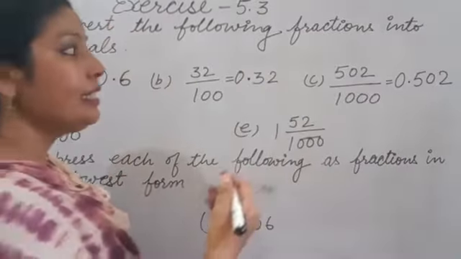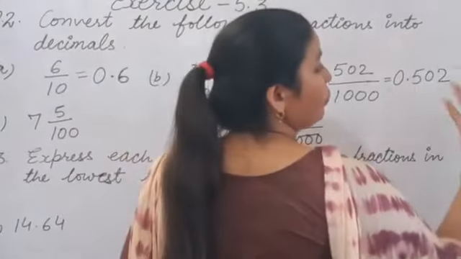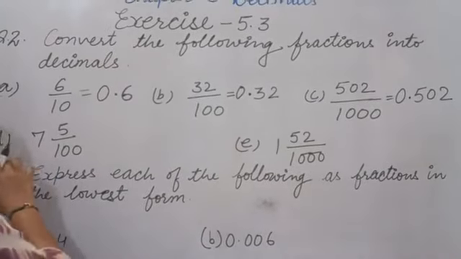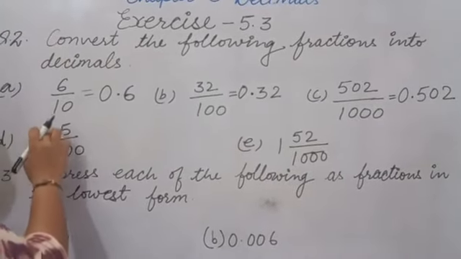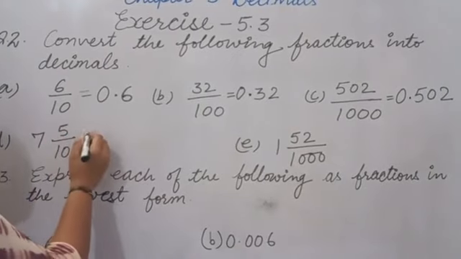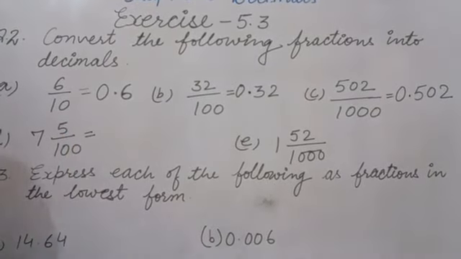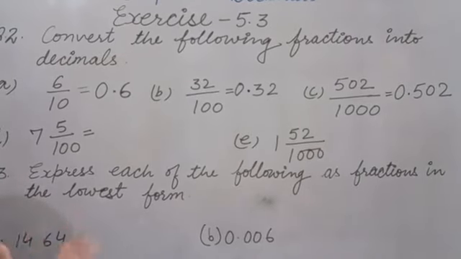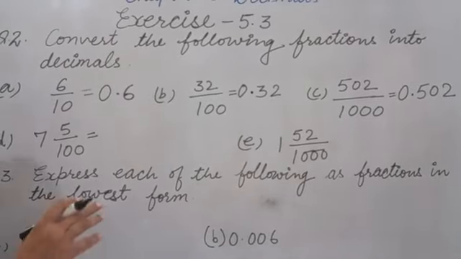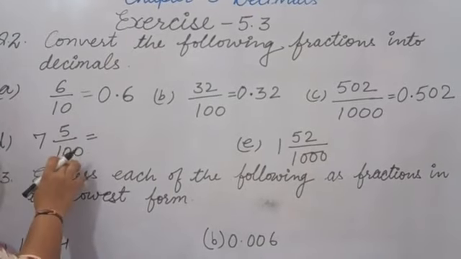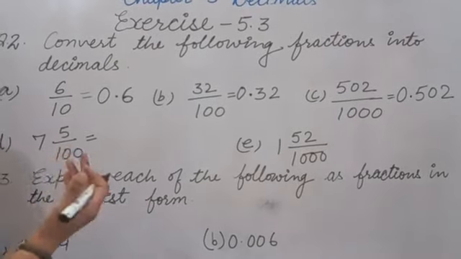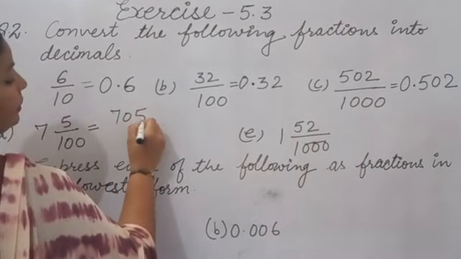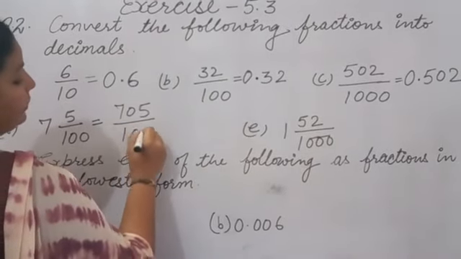Now next is the D part. 7 whole 5 upon 100. There is a mixed fraction. So first of all we change it into an improper fraction. 7 multiplied by 100, 100 sevens are 700 plus 5, 705 upon 100.